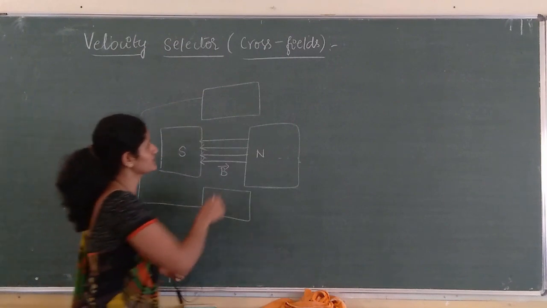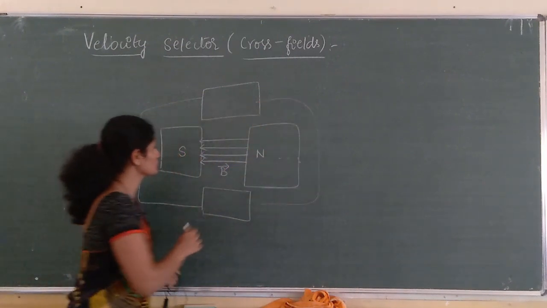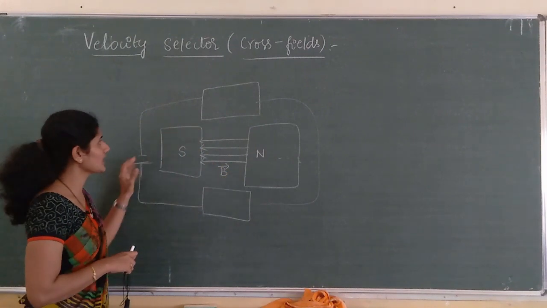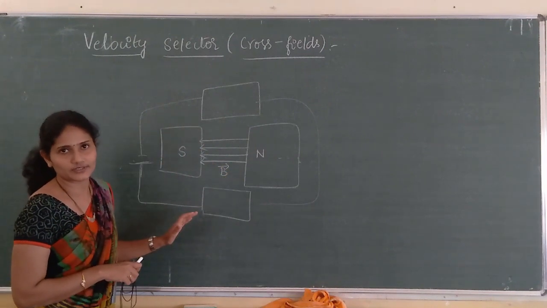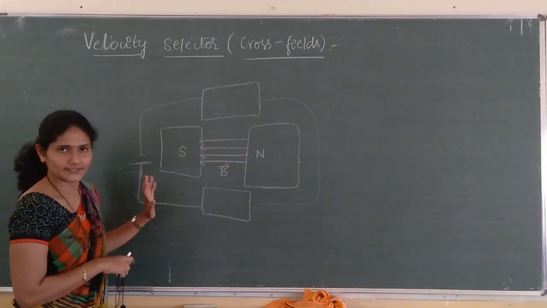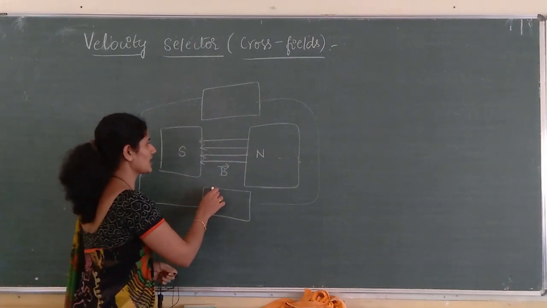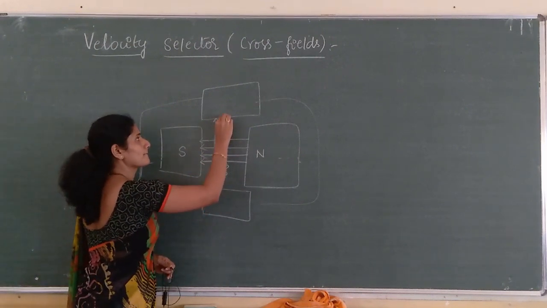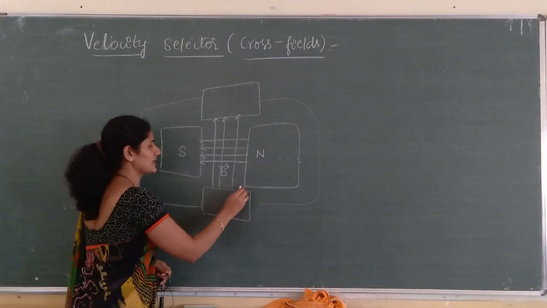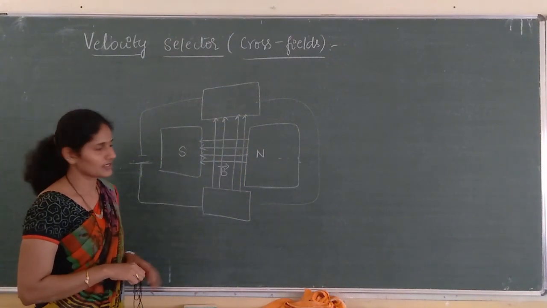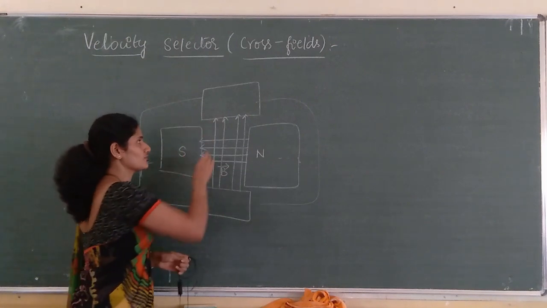One is connected to the positive terminal of the battery and the other to the negative terminal. As a result we have an electric field. The electric field lines are directed from positive to negative. So this is the direction of electric field.